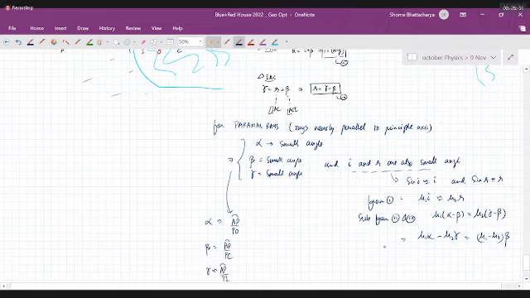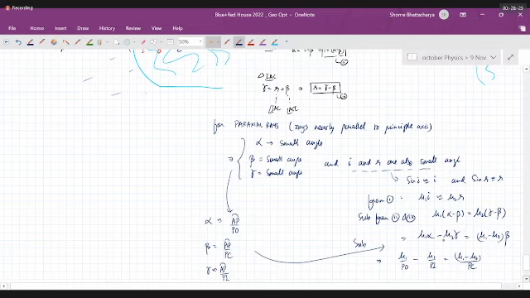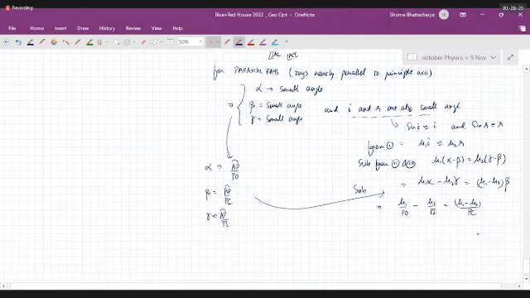So on doing these substitutions, this formula further becomes mu1 upon PO minus mu2 upon PI is equal to mu1 minus mu2 upon PC. So this is the formula we are getting in terms of the distances.